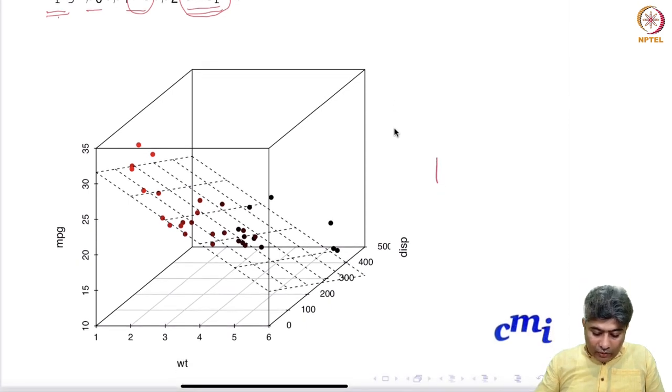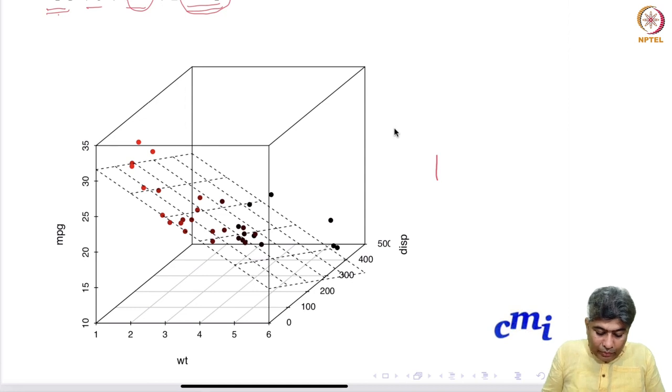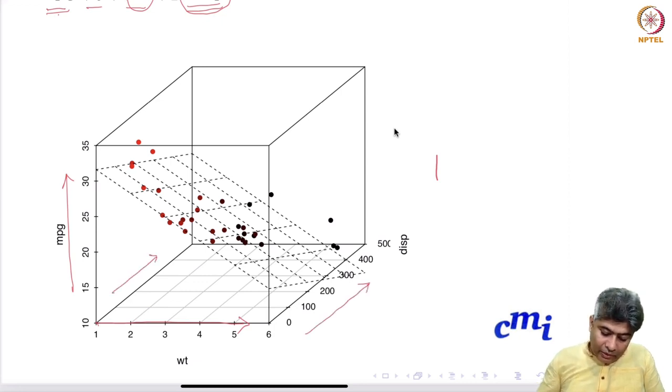Essentially the geometry will look somewhat like this. Previously we considered weight on the x-axis and miles per gallon on the y-axis. Now we have added a z-axis, which is displacement. A new variable is being brought in.